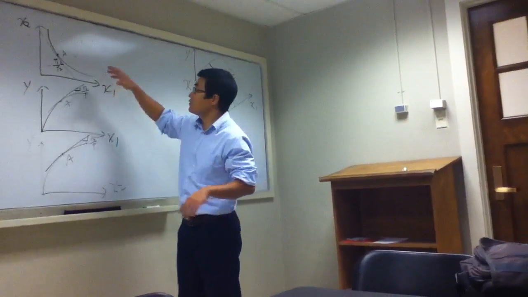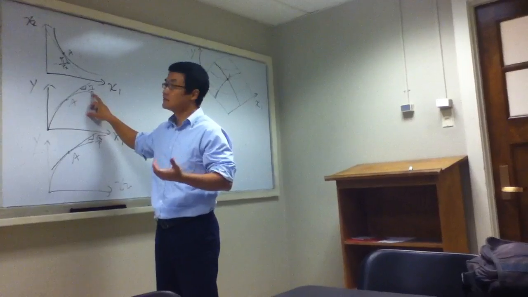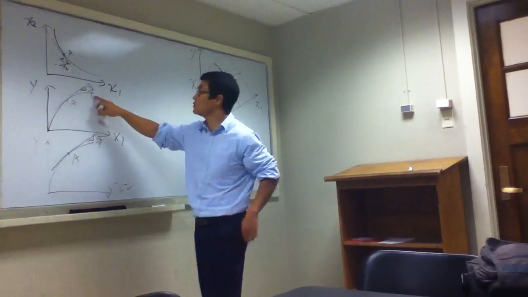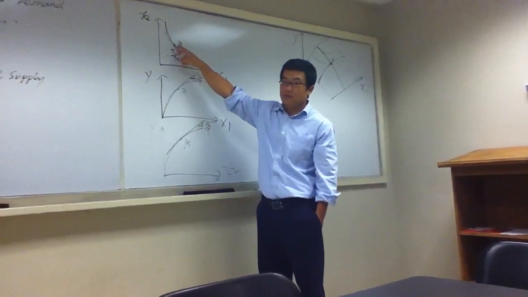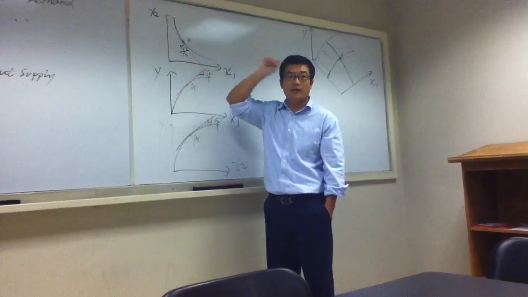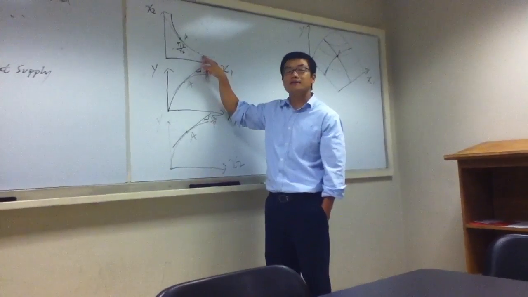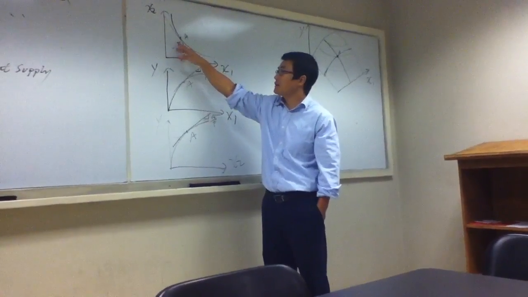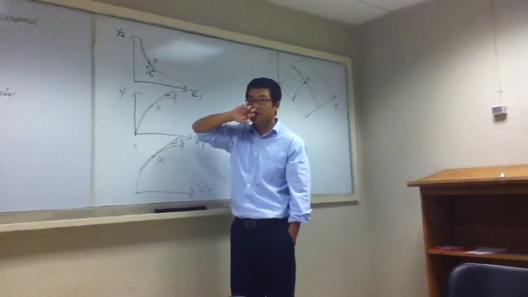If the price of the product increases, look at here, what would happen to the solution? It doesn't change this way, right? You're still on maybe not this particular isoquant, but the factor price ratio must still be equal to the slope of the isoquant.